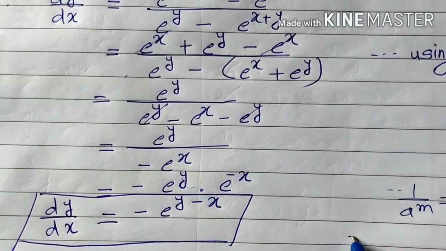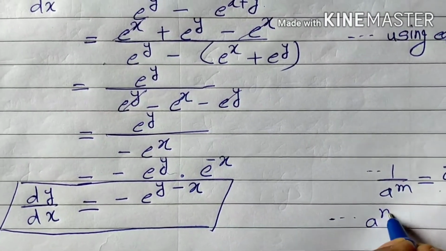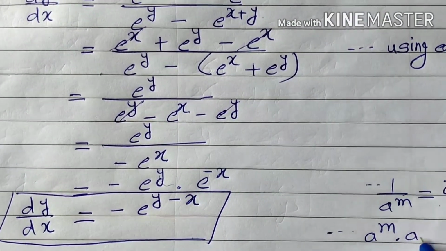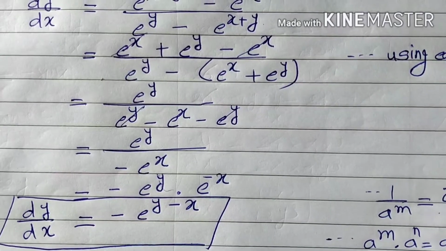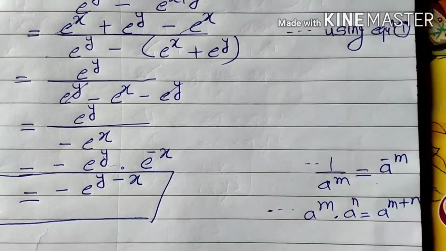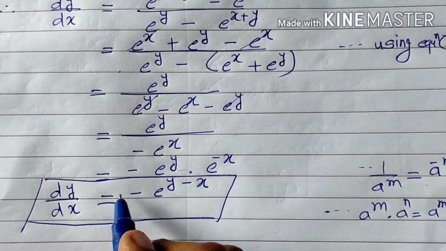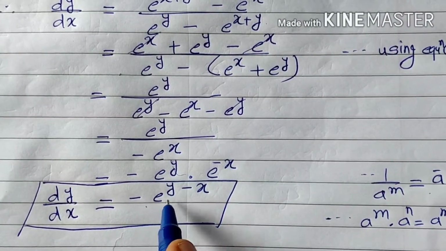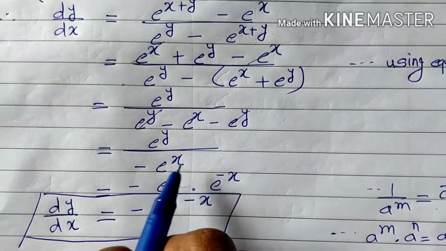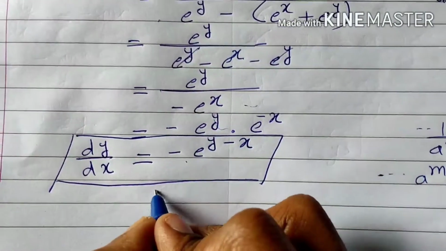The rule of laws of indices is a raised to m into a raised to n is equal to a raised to m plus n. Hence we have dy by dx is equal to minus e raised to y minus x, which we had to prove.